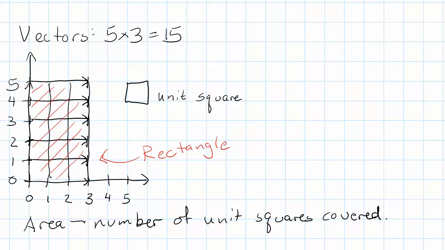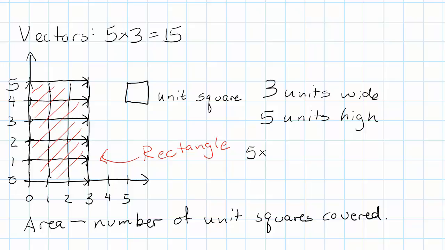That's what it means to be the area of a figure. This rectangle is 3 units wide, 5 units high, and we can understand 5 times 3 to mean the area of this rectangle.